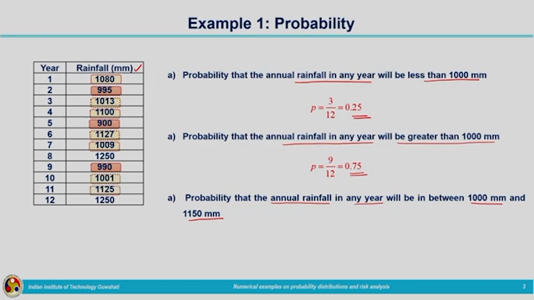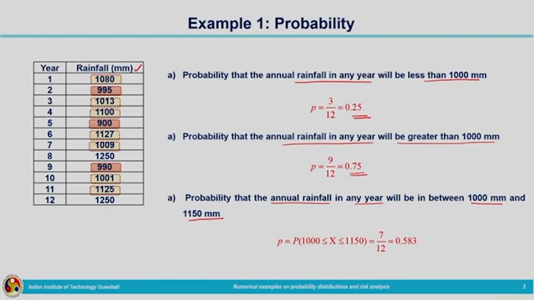So, in total we have 7 events within the range of 1000 and 1150 millimeters. The corresponding probability P of x between 1000 and 1150 is 7 by 12, that is 0.583. This is a very simple problem to calculate the probability for different conditions.